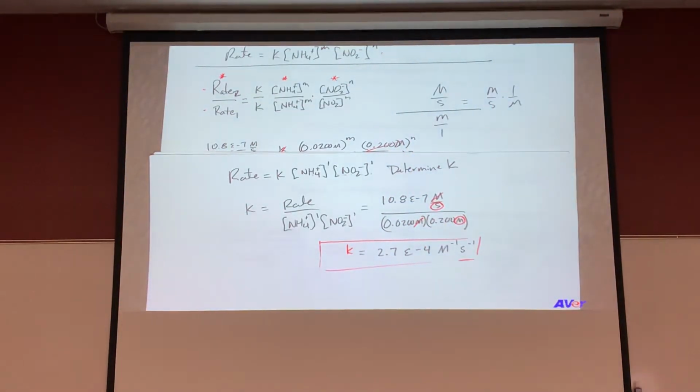Okay. Here's this data set, figure out the order, figure out the value for K and the units that go with it. Will we ever have to fill in the data set also? No. If you had the value for K and you had the rate, you could solve for at least one of the concentration terms.